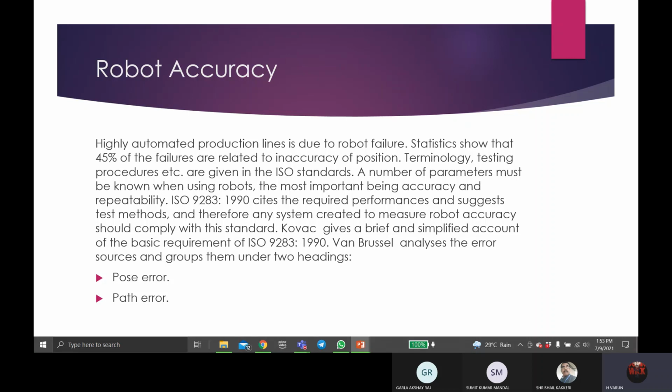For example, if it has been prepared to draw a product in 2D, and then we make arrangements for it to do 3D, then it will be an accuracy problem. So 45% of the failures in the statistics come from doing this.